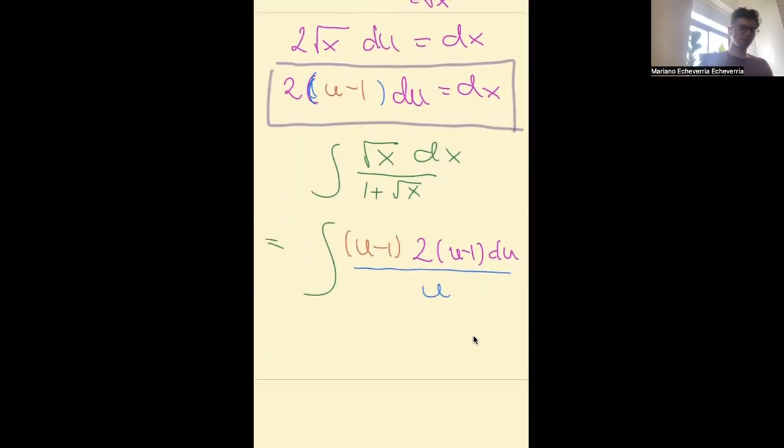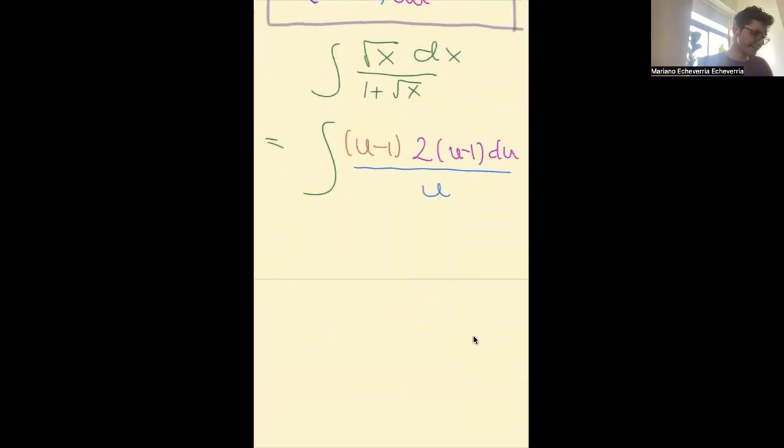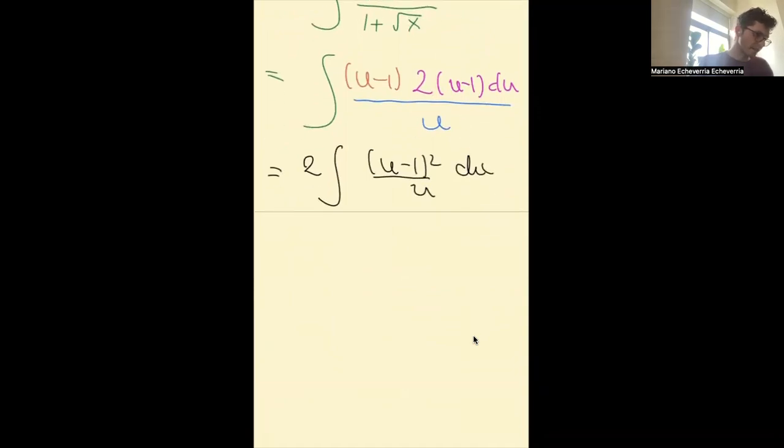Is that okay? After this, it is just pretty easy algebra. You can take the 2 out of the integral. So it's 2 times the integral of u minus 1 squared du over u. Then you can expand this out, so you get u squared minus 2u plus 1 over u du.